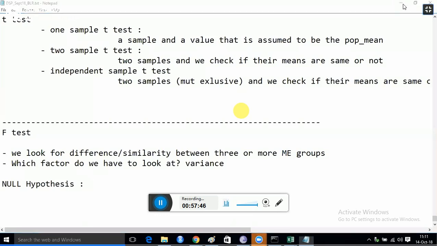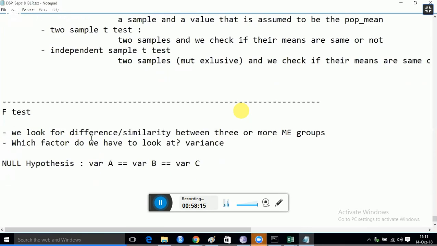Can anyone tell me? Yes, the variance of A equal to variance of B equal to variance of C. Is that clear? Okay.